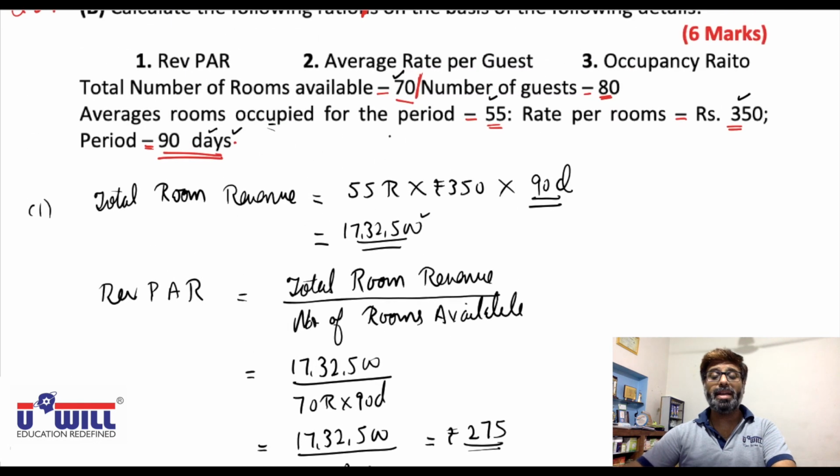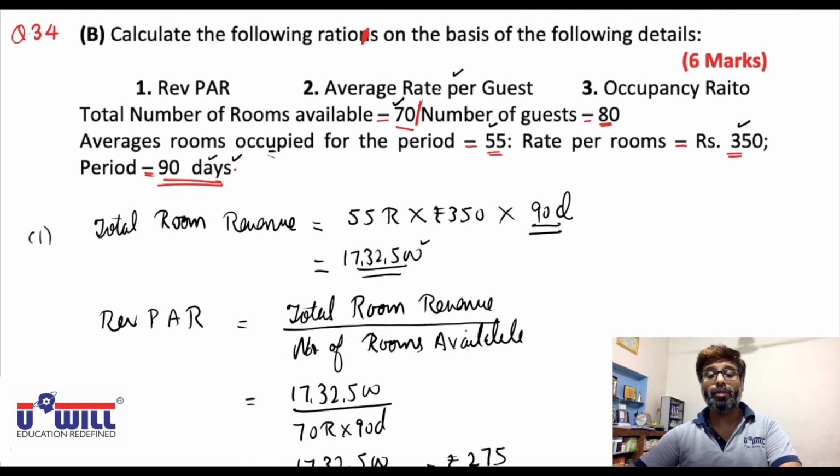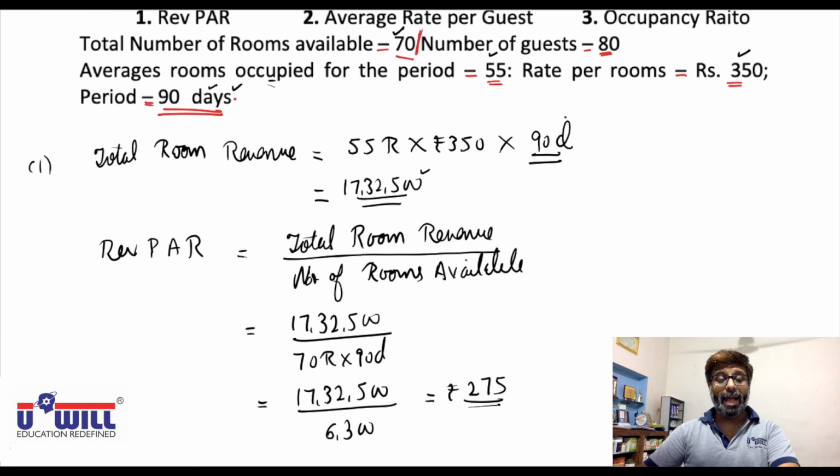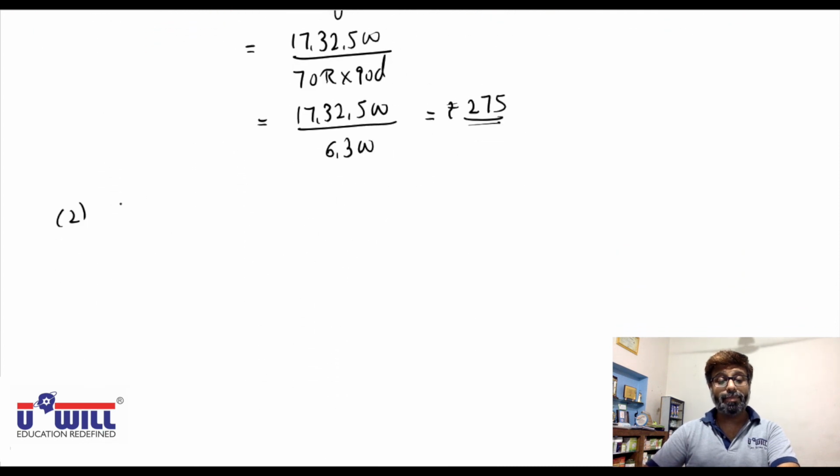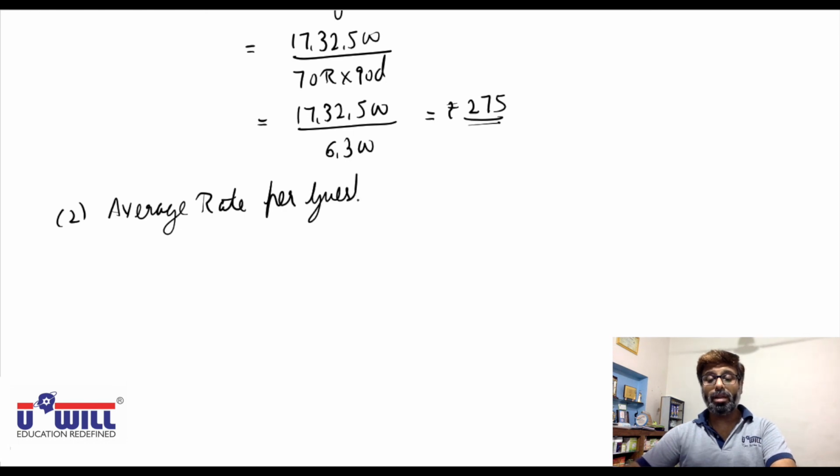Average rate per guest. So room revenue divided by number of guests. Okay, average rate per guest. Average rate per guest will be equal to total room revenue divided by number of guests.